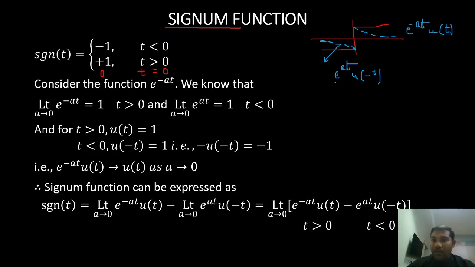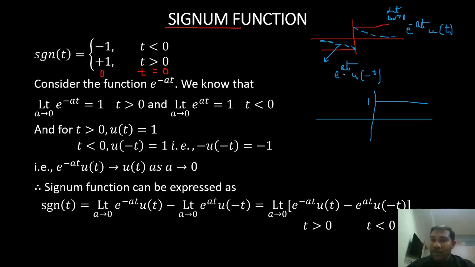Now, if I take the limiting case, if I make a 0, what will happen here? If I consider limit a tends to 0, e power 0 becomes 1, and u of t. So on the right hand side, I have u of t, that is 1, right?